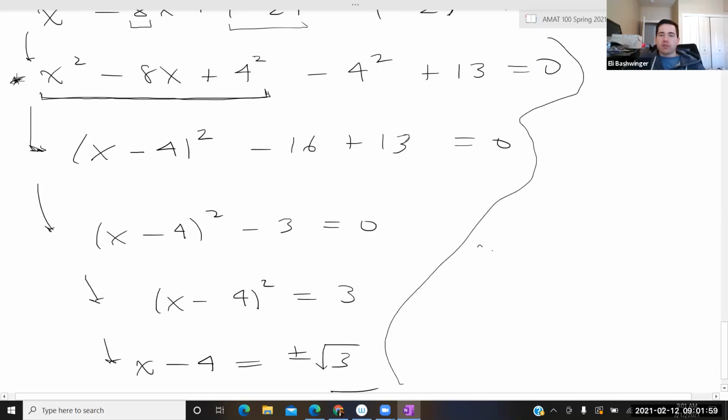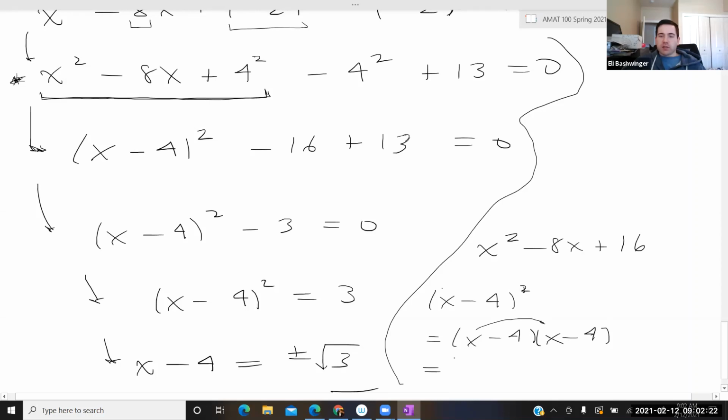So I have x squared minus 8x plus 4 squared. But 4 squared is just 16. But if you FOIL this out right here, so let's FOIL this out. So it's x minus 4 times x minus 4.